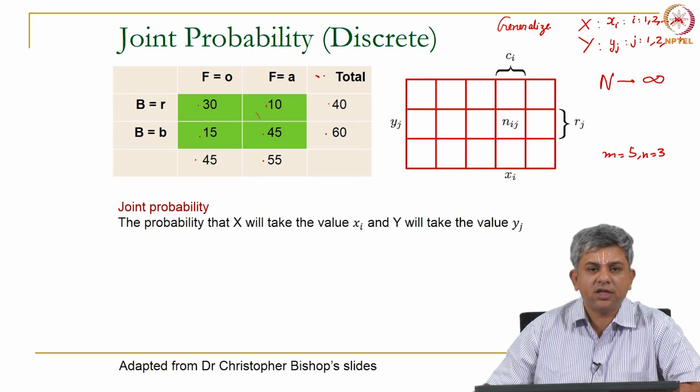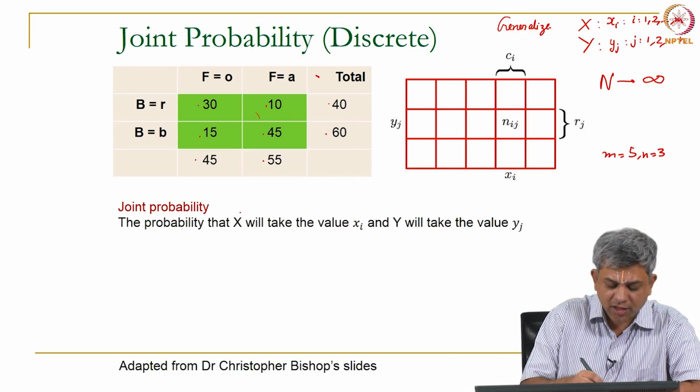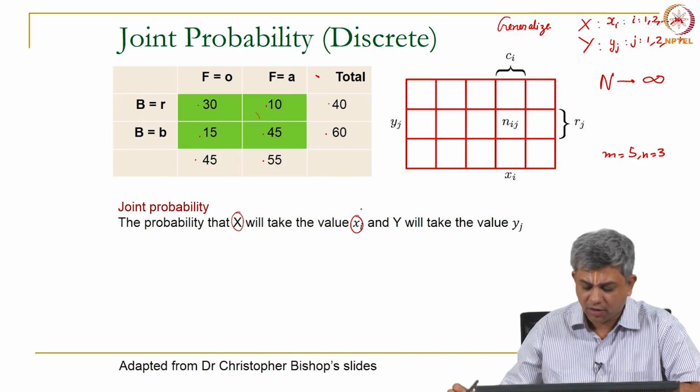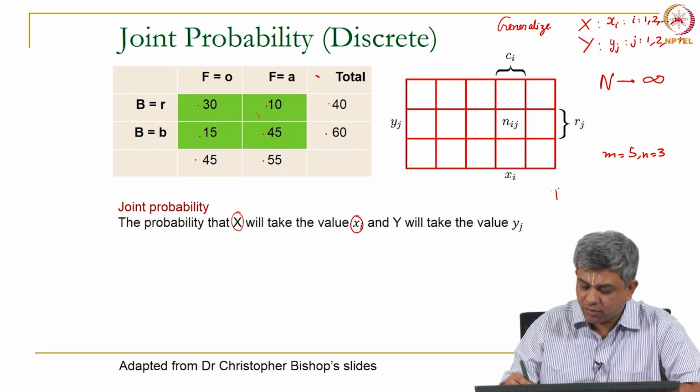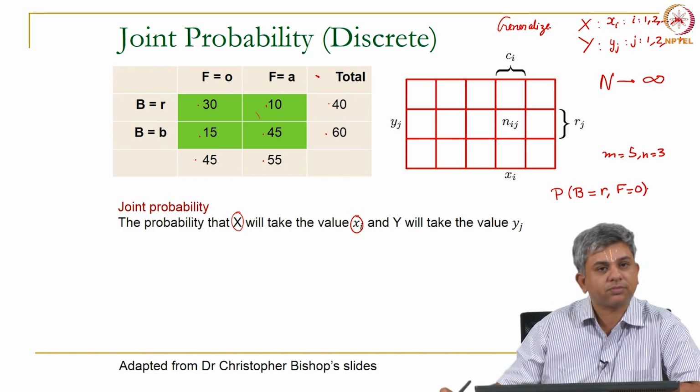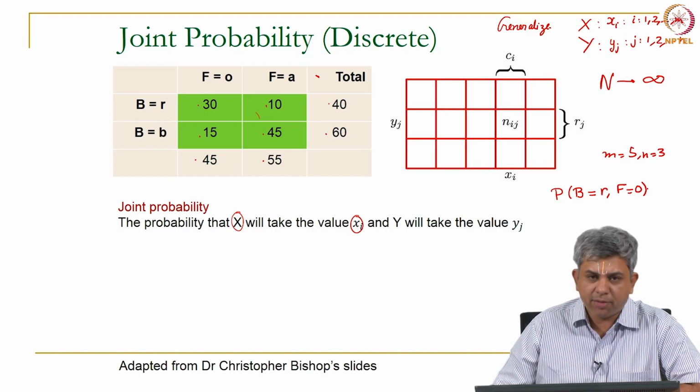Joint probability is the probability that x will take some desired value xi and y will take some desired value yj. For example, in our case I could ask something like, what is the probability that the basket is red and the fruit is orange. So, that would be an example of a joint probability.